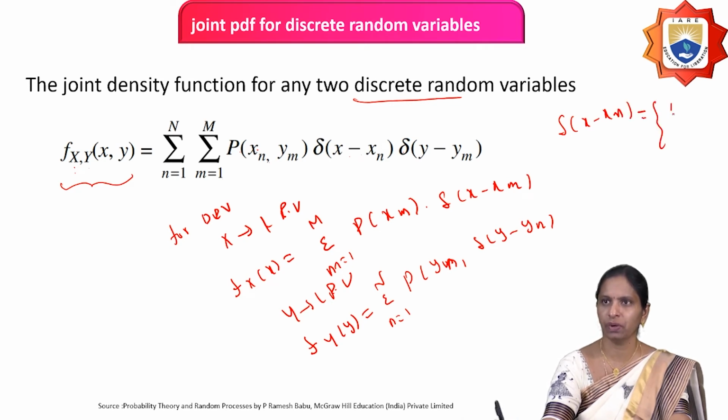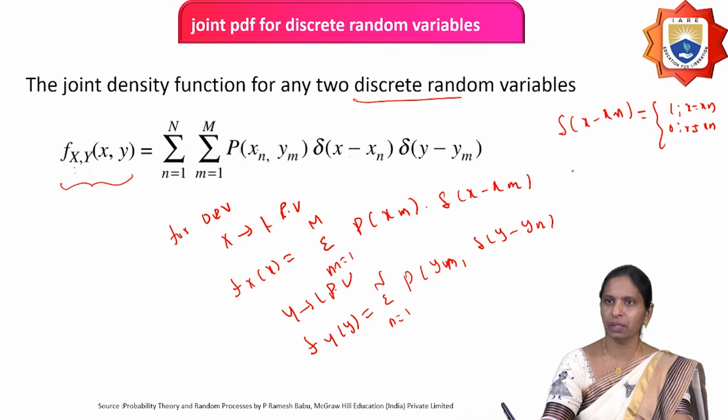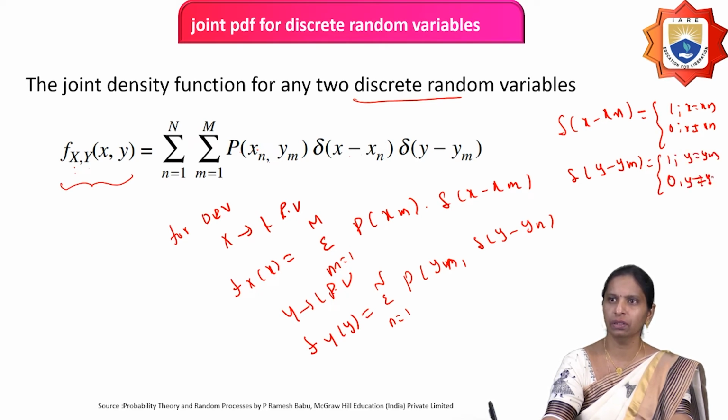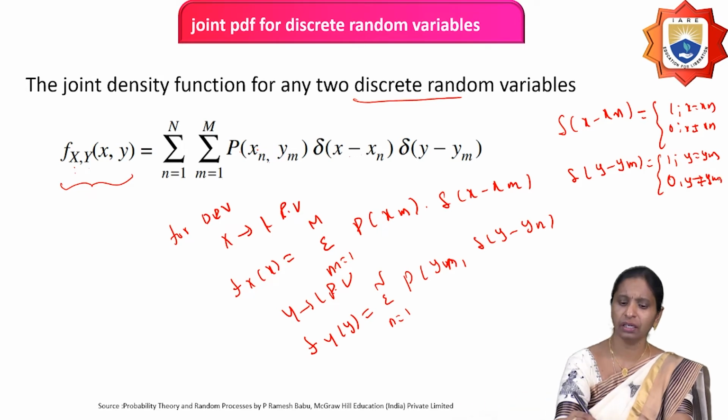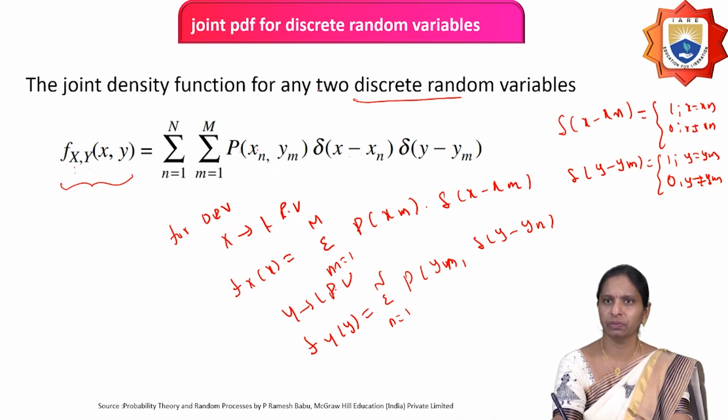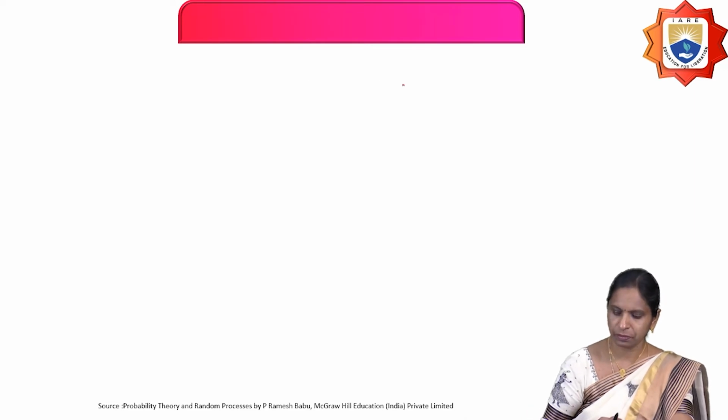That is 1 when x equals xn and 0 when x is not equal to xn. And similarly, what is del of y minus ym? This is 1 when y equals ym and 0 when y is not equal to ym. Like that, you can write down the joint density function for discrete random variables.